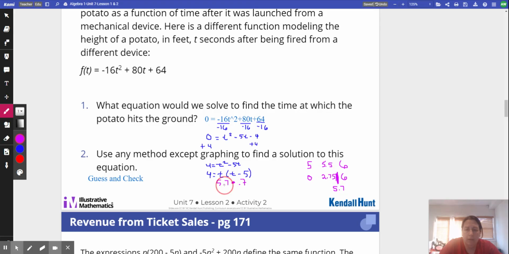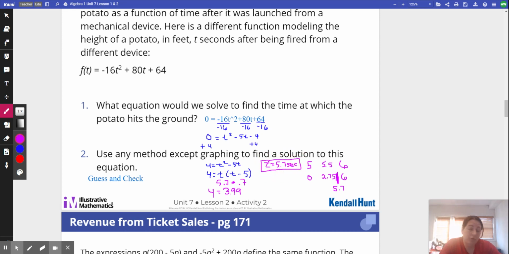If I do 0.7 times 5.7, let's see what we get. Wow, that was a really good guess. I got 3.99, which is super close to 4. So my best guess for the time would be about 5.7 seconds. That'd be my best guess using guess and check.